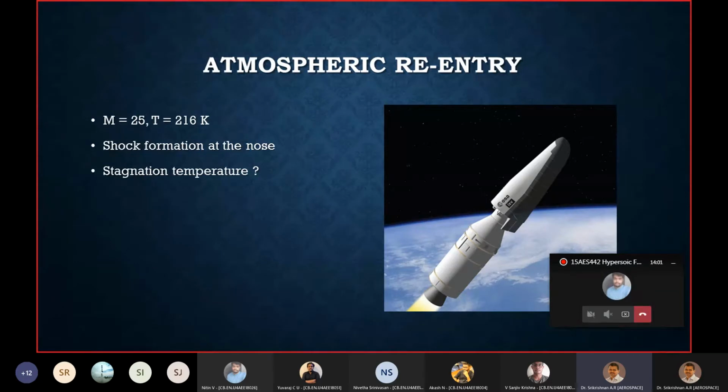We know that when that kind of velocity is encountered in re-entry with the atmosphere, the stagnation temperature is going to be quite high, because the Mach number is in this range and the flow is decelerated adjacent to the wall or within the boundary layer.